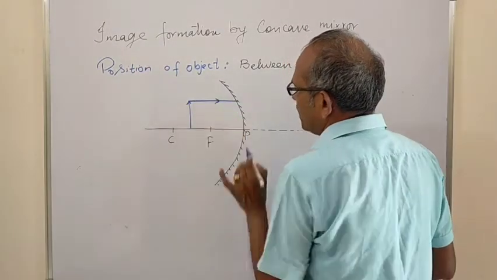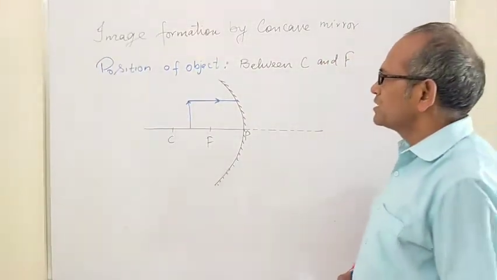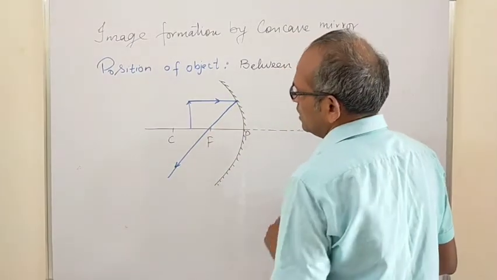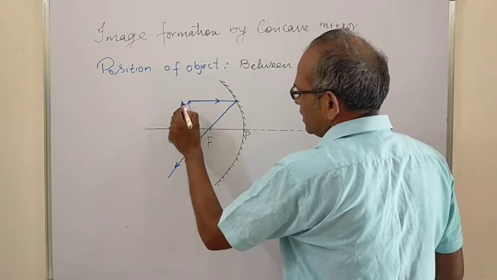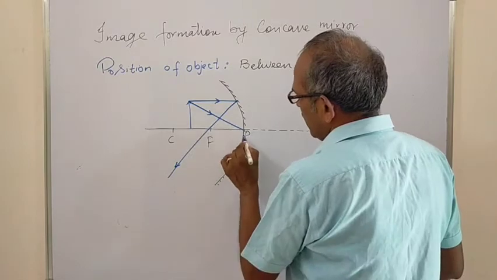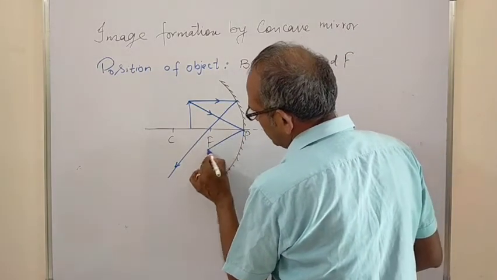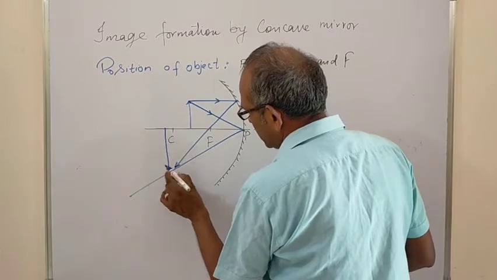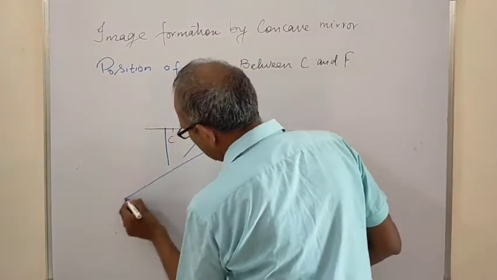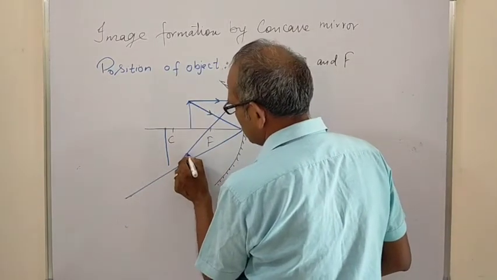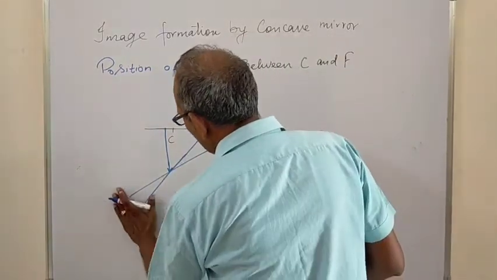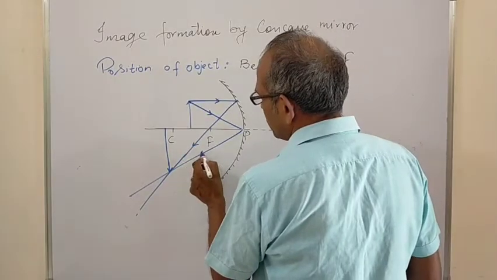Then I take one ray of light parallel to the principal axis, which passes through the focus. Then I take one ray at the pole and it will be reflected at an equal angle. So you see that the image is formed beyond the center of curvature.